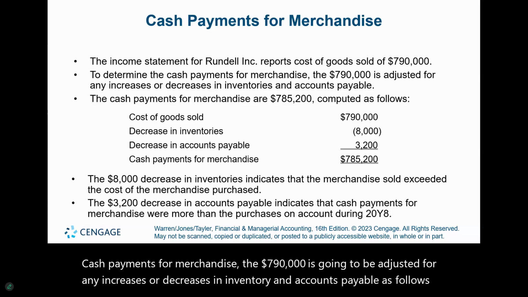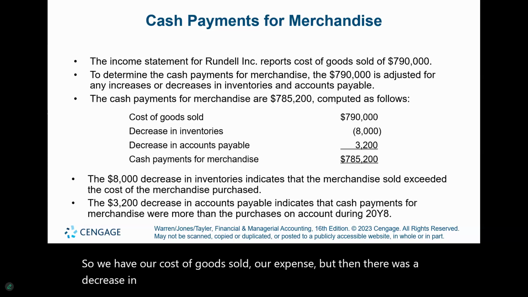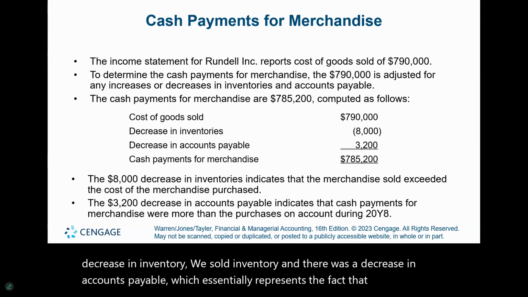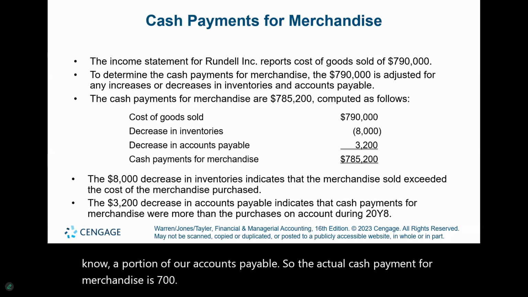So we have our cost of goods sold, our expense, but then there was a decrease in inventory. We sold inventory. And there was a decrease in accounts payable, which essentially represents the fact that we paid a portion of our accounts payable. So the actual cash payment for merchandise is $785,200.